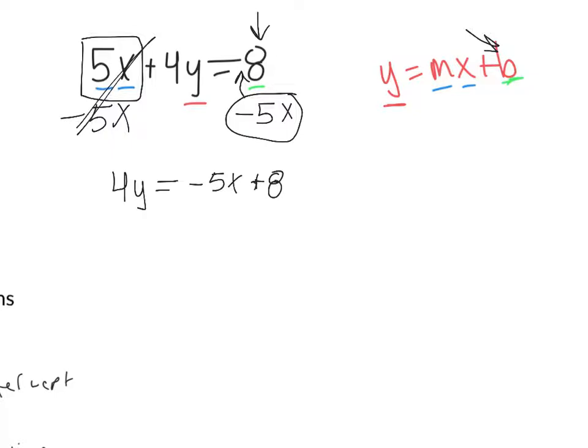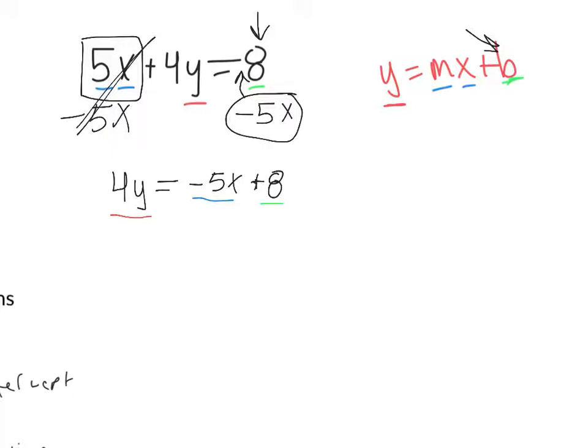Now I'm pretty close. You'll notice here that my y is in the right spot, my mx is now in the right spot, and my b is in the right spot.